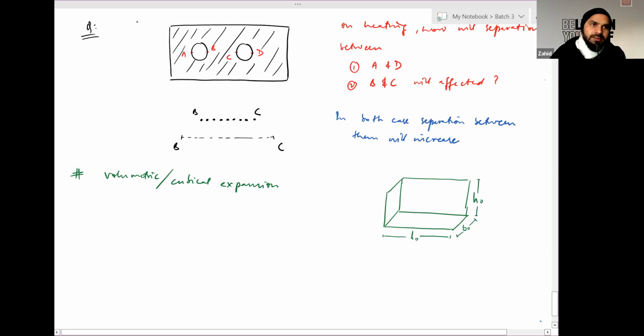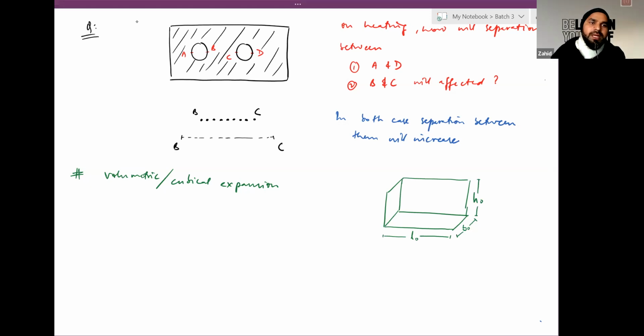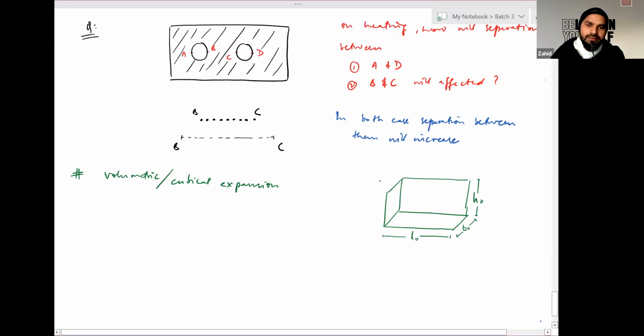If you raise its temperature, it will expand at the same rate from all sides, so it may acquire this configuration. The length will become this, and so will the breadth and height.